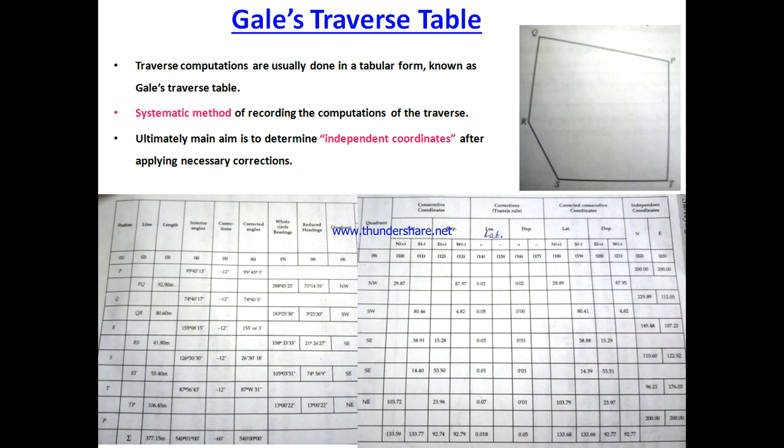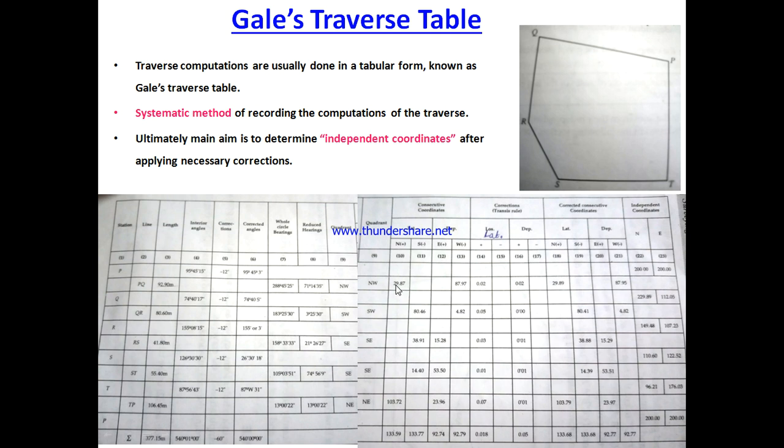The formula will be: the error in any coordinate of the particular line is equal to the latitude of that particular line upon the arithmetic sum of the latitude, multiplied by closing error.